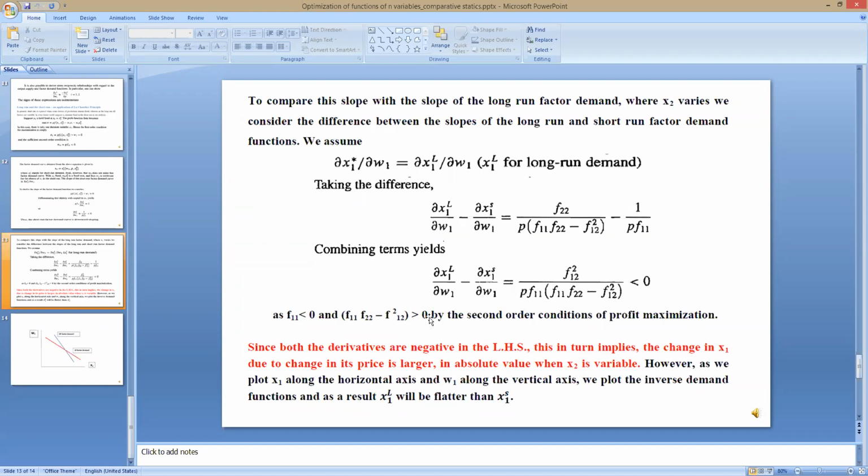However, following the Marshallian principle, we measure input price W1 along the vertical axis and input demand along the horizontal axis.